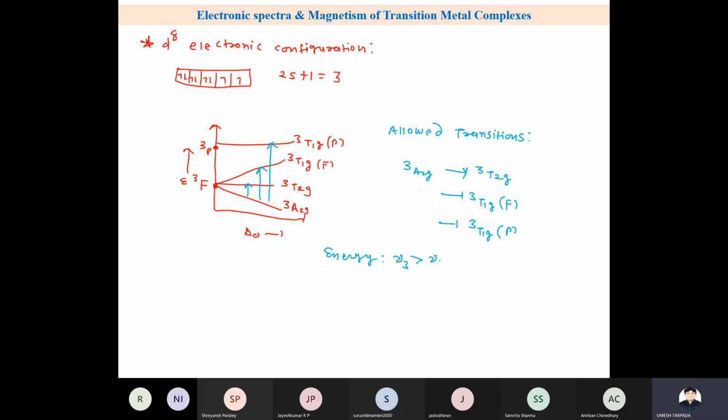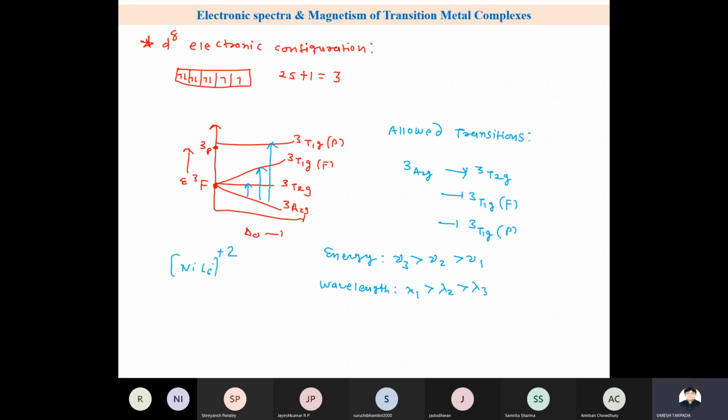The energies are nu 3, nu 2, nu 1, with wavelength lambda 1. Nickel 2+ is the example. You can have nickel with 6 neutral ligands in the complex.